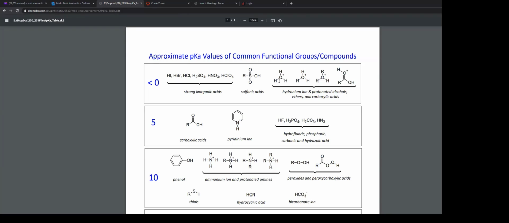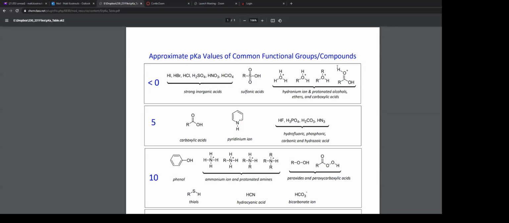So the first one is hydronium. The second one is a protonated alcohol, meaning someone took an alcohol and added a hydrogen to it. This one is a protonated ether. I should have written the word protonated ether. And this is a carboxylic acid that someone has protonated.